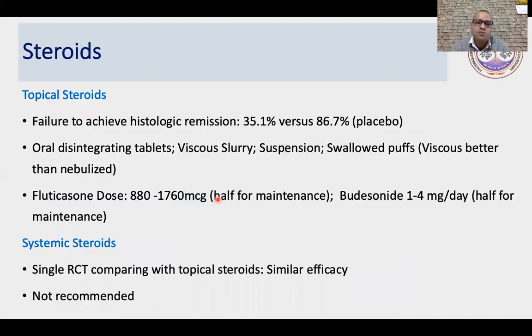So topical steroids, budesonide and fluticasone, are the drugs which could be used either as a viscous slurry, suspension, orally disintegrating tablets, or swallowed puffs from the inhalers. Now, systemic steroids, there is just a single randomized trial comparing them to topical steroids, and it did not show much additional efficacy, and therefore topical steroids are the standard of care.